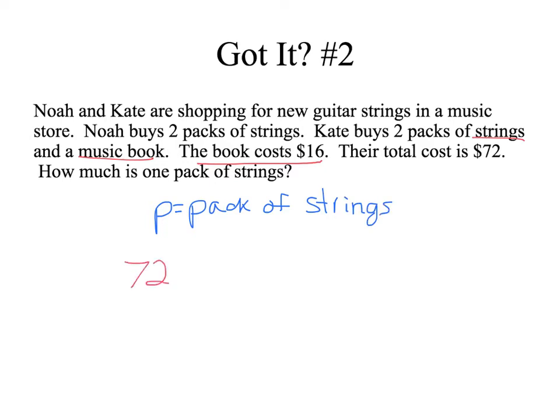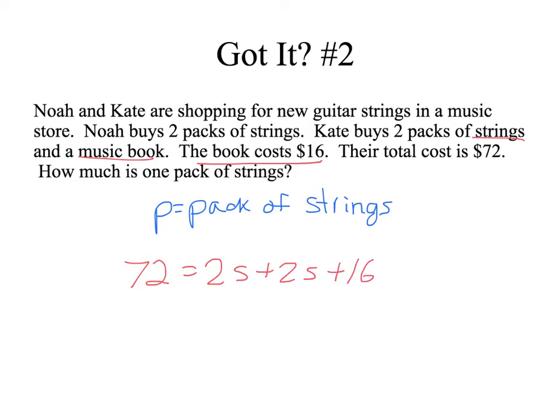So the $72 equals, how did we come up with the $72? So reread the problem. Noah buys 2 packs of strings. So that's 2S. Kate buys 2 packs of strings. So that's plus another 2S. And a music book, but it tells you the cost of the book is $16, so we can just add on $16.